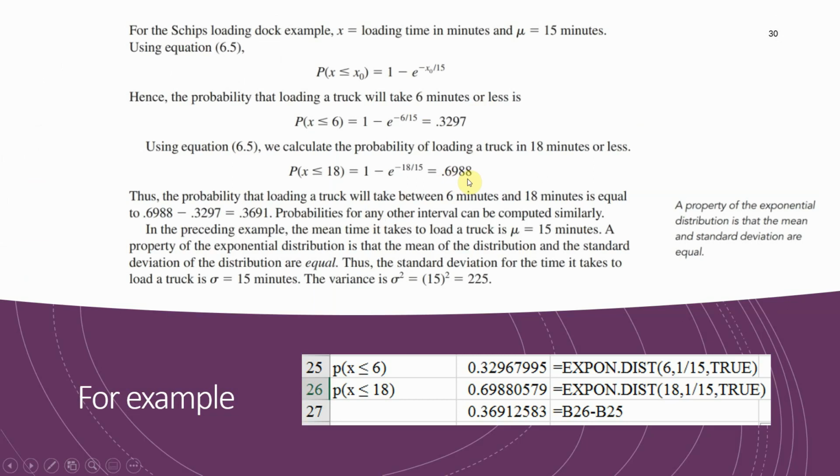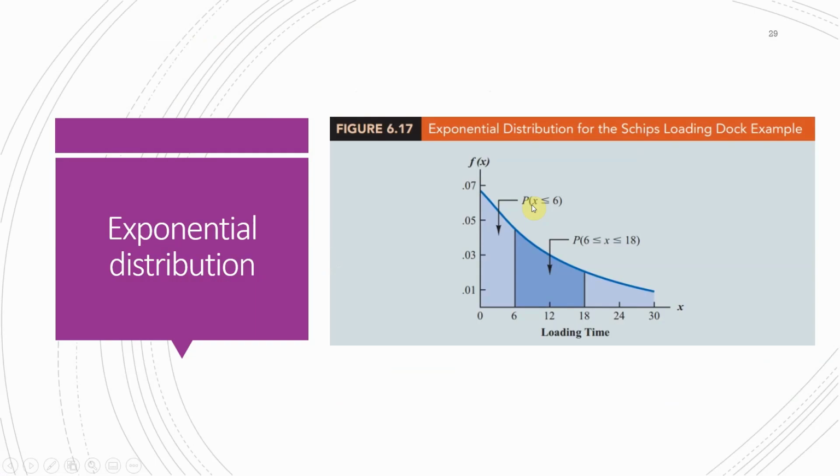So what if we want to calculate the probability that loading a truck will take between 6 minutes and 18 minutes? We want this darker shaded area between 6 and 18. Again, it's exactly what we've learned about before. When you calculate the area between two values, you subtract one from the other. So we're going to subtract the 6 from the 18, so that this area goes away and we're just left with this.